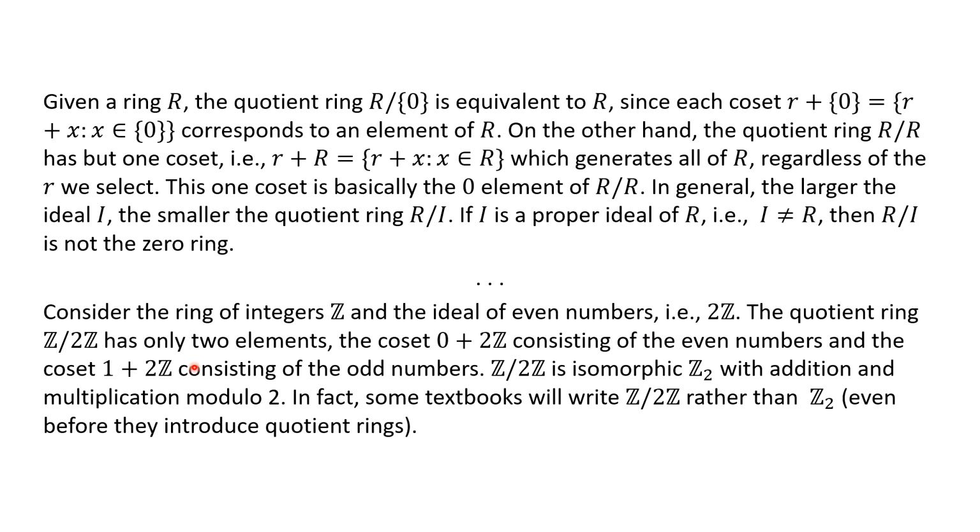And then the other coset is 1 plus 2Z, and that gives us all the odd numbers. So Z slash 2Z is isomorphic to the integers mod 2. In fact, you'll see in some textbooks they'll use the notation Z slash 2Z rather than Z mod 2.